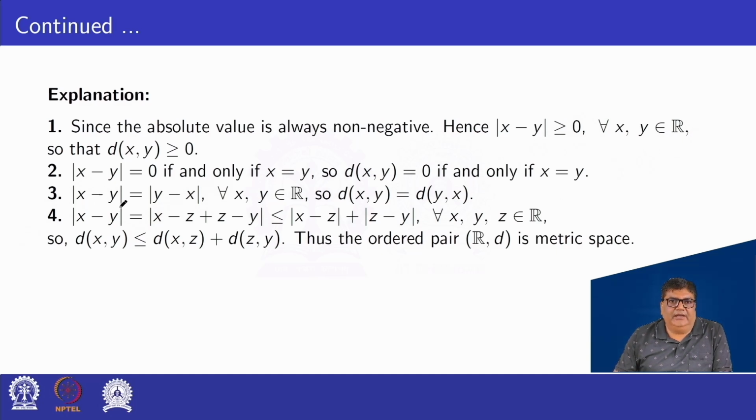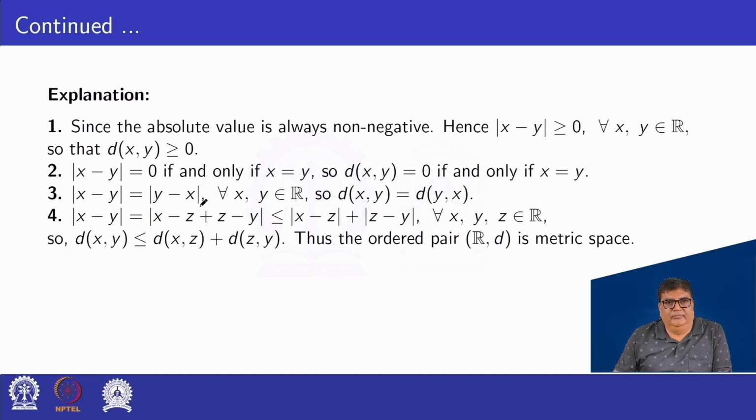Third condition: x − y, if we take common −1, can be written as |−1| times |y − x|. So |x − y| is equal to |−1 (y − x)|, that is |−1| times |y − x|. The modulus of −1 is 1.